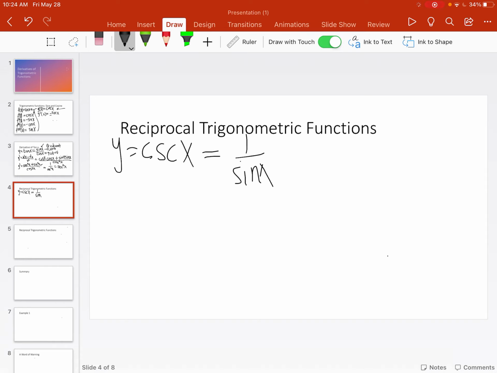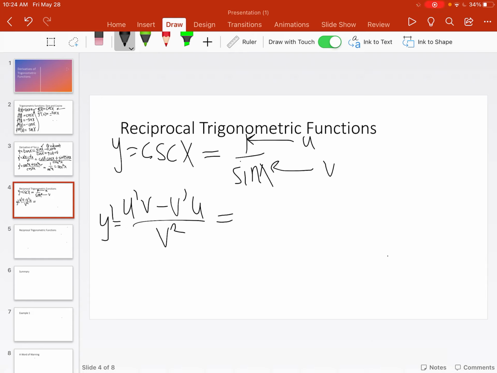So let's take the derivative. Well, how do we take the derivative? Well, we have a function divided by a function. A constant function, 1, divided by a trig function, sine x. So let's use the quotient rule. It's really easy. If you say the numerator is u, you say this is v, you got u prime v minus v prime u all over v squared. Well, what's the numerator's derivative?